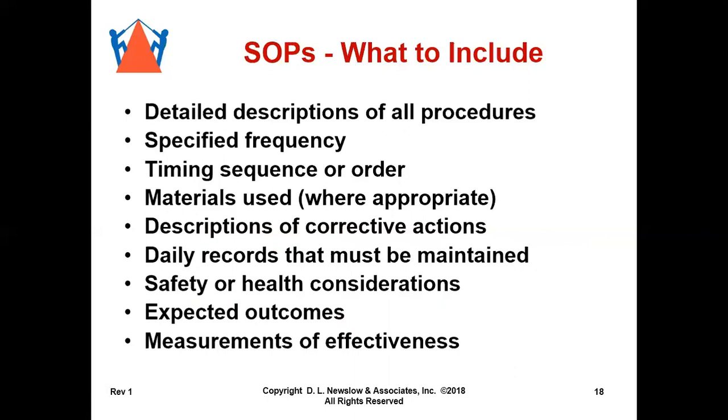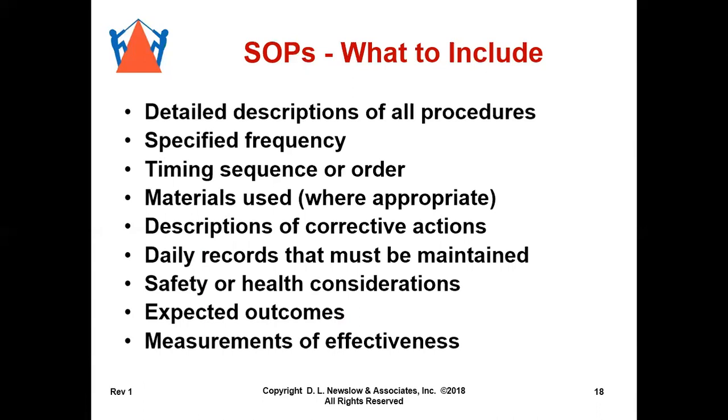SOPs, what to include in them: detailed descriptions of all procedures, specified frequency, timing, sequence or order, and what materials are used if that's appropriate for the document. Include descriptions of what corrective actions we will take if something goes wrong. It could be as simple as notifying quality or your supervisor, or it could be more complex, like putting everything on hold.